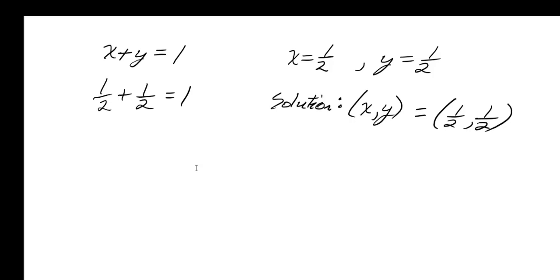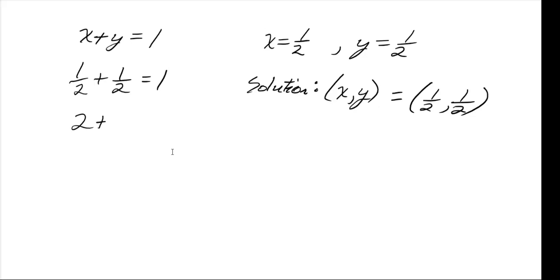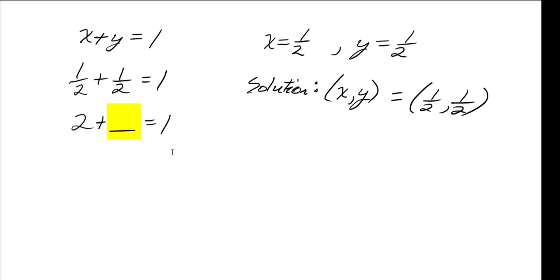Sure. Let's say x were 2. What would you need to let y be so that this equation equaled 1? Well, if I let y be negative 1, then 2 plus negative 1 will equal 1. So there's another solution. There's another ordered pair.